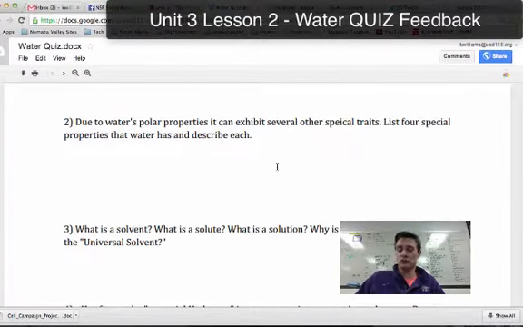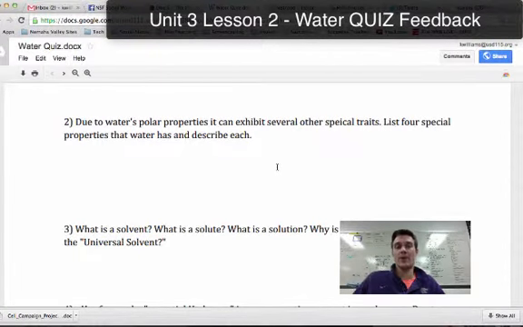Water's 4 special traits because of its amazing ability as a polar molecule. Number 3 talks a lot about solvents, solutes, solutions, and water is a universal solvent. A solvent is any type of material that can break other materials down physically. So for instance, a liquid, and you may dissolve something inside of that liquid, so that liquid is a solvent.